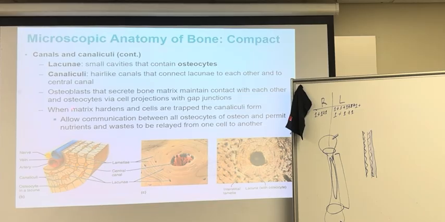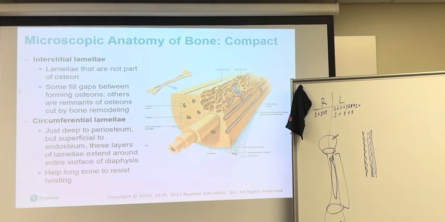We did talk about the interstitial lamella and the circumferential lamella already. What is the circumferential lamella? This right here, the one with the periosteum. The interstitial lamella is not part of the osteon, but in between the osteon.